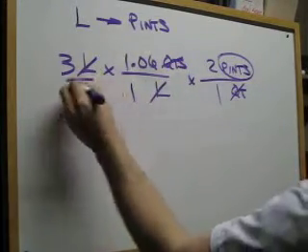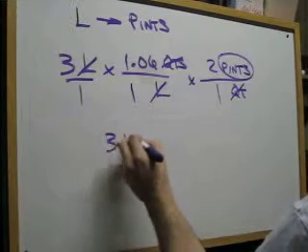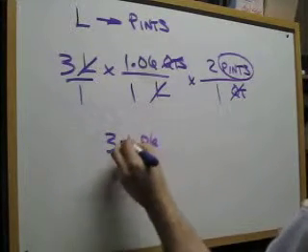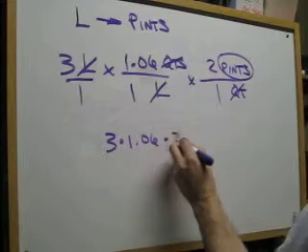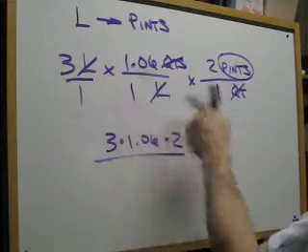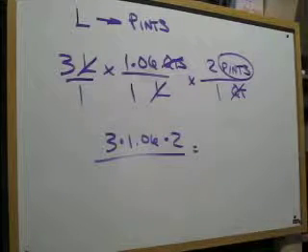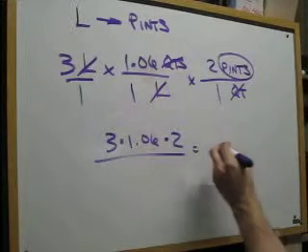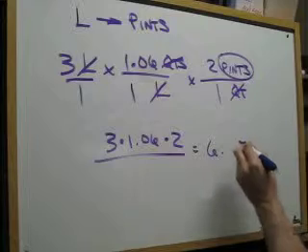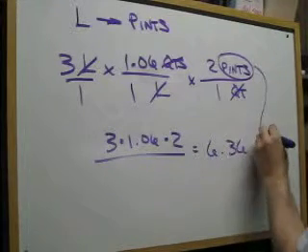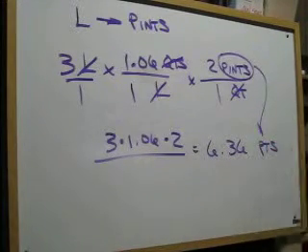And we multiply our numerators, 3 times 1.06 times 2, and we're going to divide that by 1 times 1 times 1. So 3 times 1.06 times 2 is 6.36 pints. Okay, so that's it.